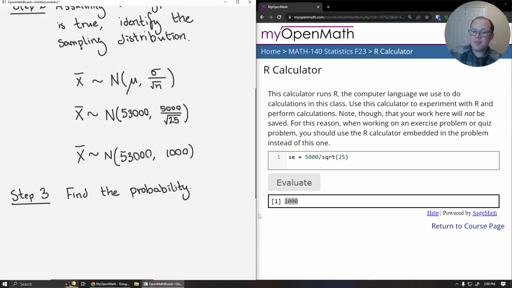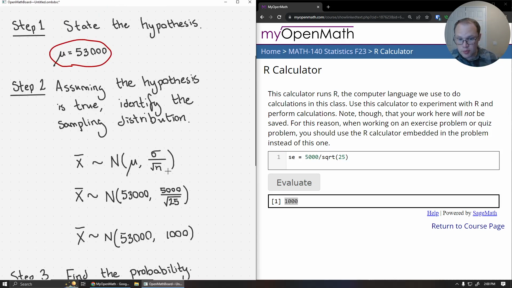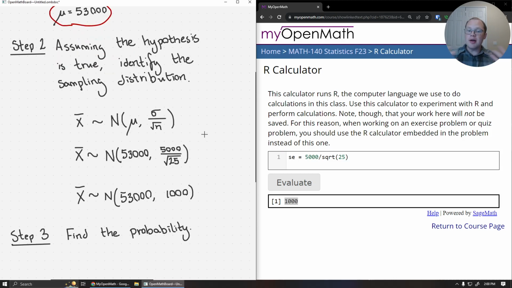For this step, the idea is we want to find the probability based on the sampling distribution, which is itself based on the assumption that the claim is true, that the population mean is in fact 53,000. We want to find the probability of obtaining a sample with a sample mean at least as unusual as the sample mean we actually found.